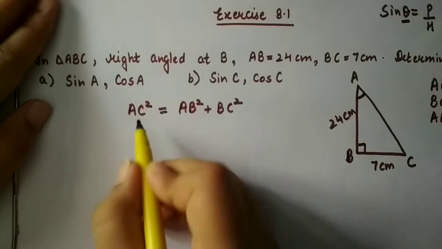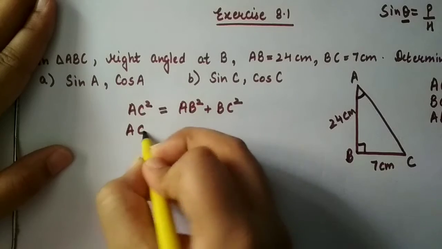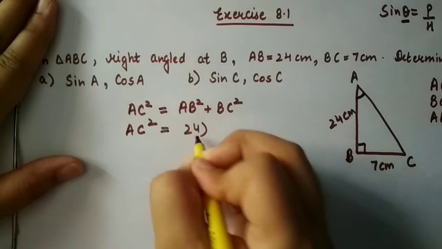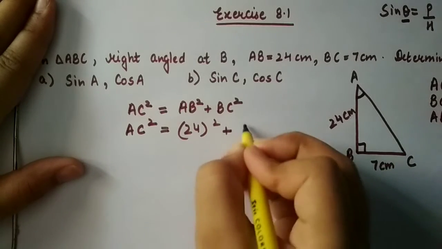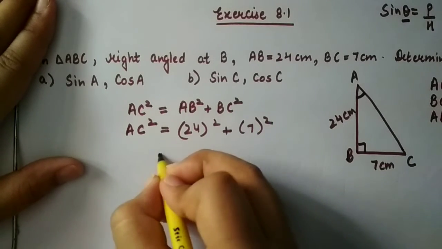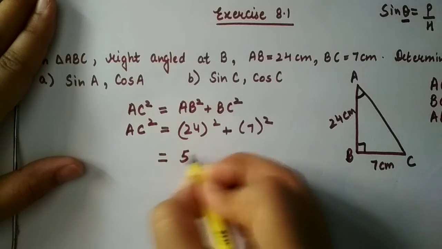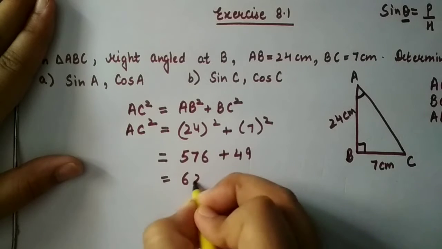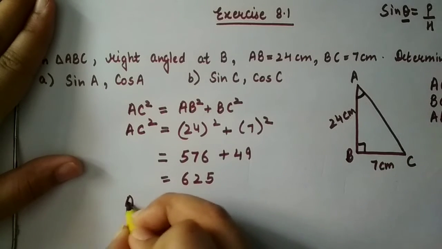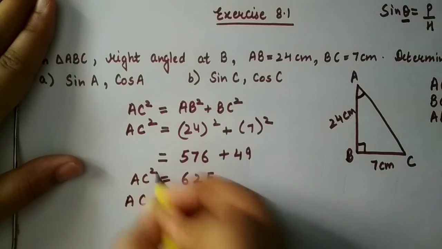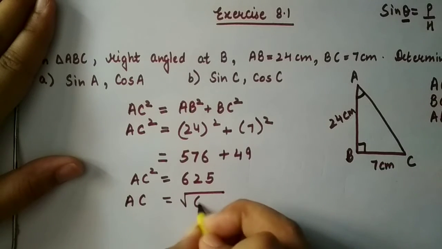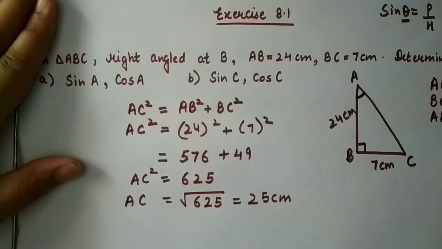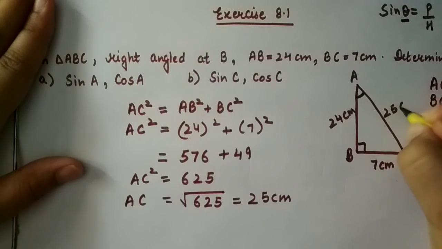So AC we don't know, so keep it AC only. AB is 24, so 24 square plus BC is 7, so 7 square. Now square of 24 is 576 plus 49, it is 625. So AC square is 625, so AC is root 625, that is 25 centimeters. So now we know hypotenuse also, it is 25 centimeter.